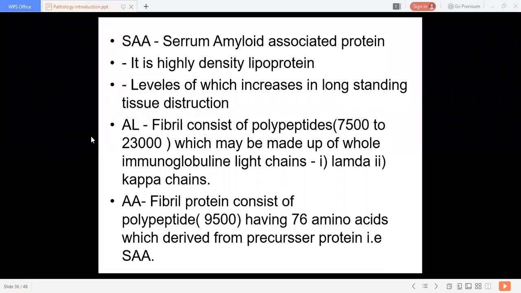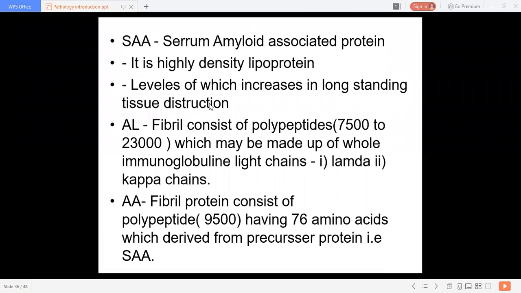Okay, high density lipoprotein. Its levels increase whenever chronic tissue destruction occurs, in conditions like rheumatoid arthritis, renal failure, tuberculosis, or cancerous, malignant conditions. And the second form is AL, that is amyloid light chain protein.